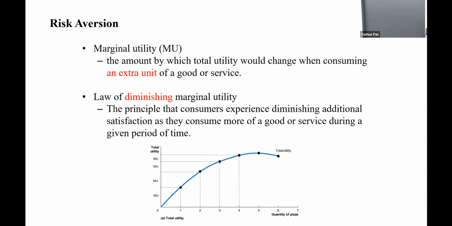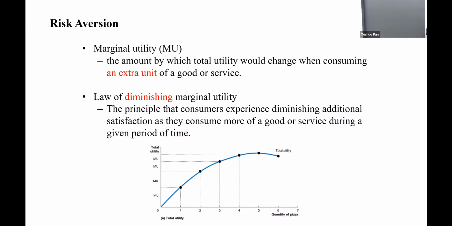That $1,000 means almost nothing to me, right? Compared with having $0 versus $1 million. Although I add the same amount of money, $1,000, to zero, the marginal utility increased a lot. But for $1 million, that increase is almost zero. That's the law of diminishing marginal utility.